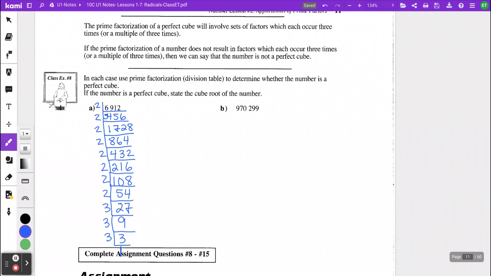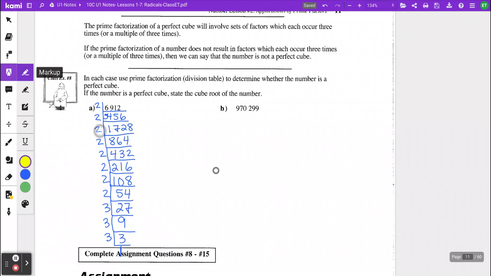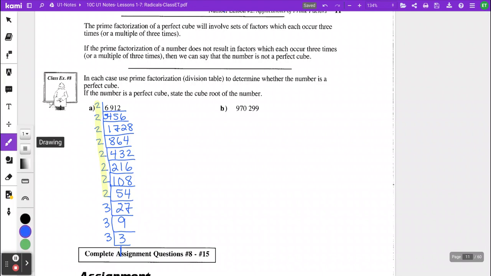Now we have to check and see if we've got triples of our numbers. I need to have numbers that occur in triples. Let's see how many 2s I've got. I know I've got 3 3s, and I need 3 of them to be a perfect cube. But let's count the 2s: 1, 2, 3, 4, 5, 6, 7, 8.